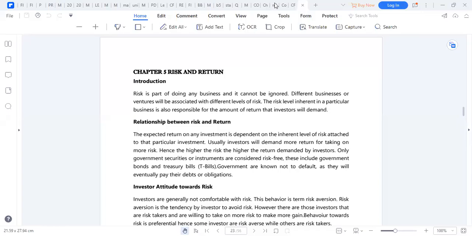So we're looking at chapter 5, which is risk and return. Risk and return is a topic that assumes that investors have a behavior in investment such that the risk attached to the investment is inversely related to the return.